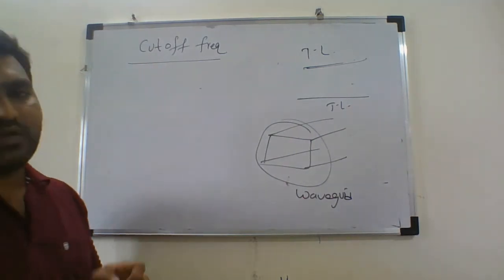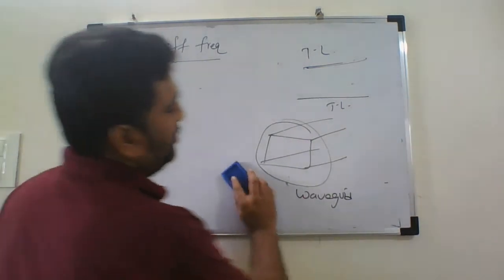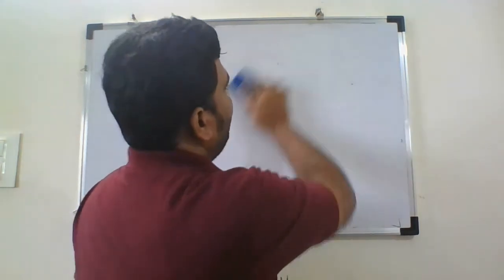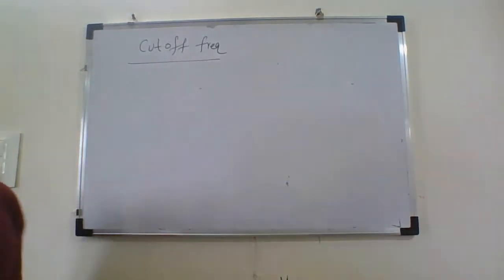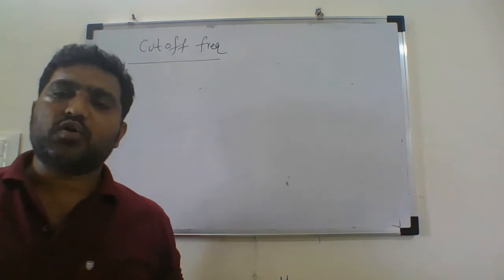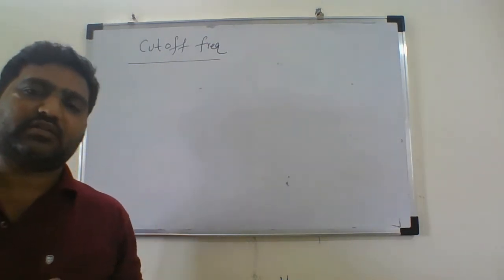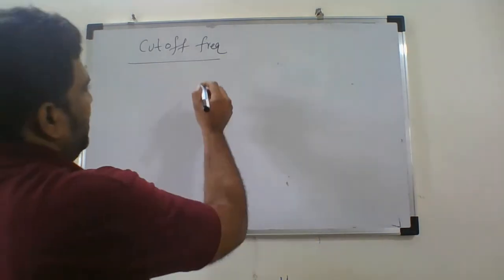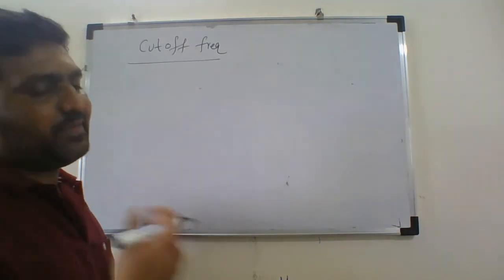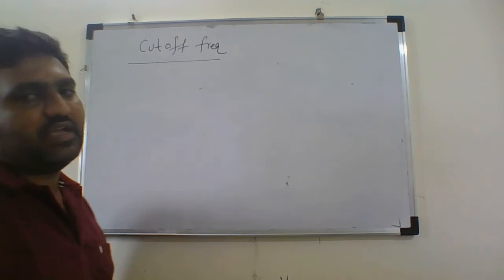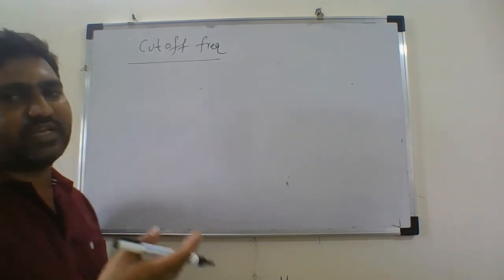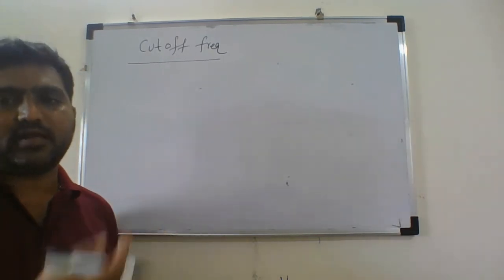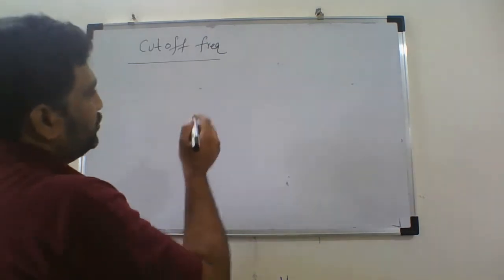Let us go to the topic. The point that we have to understand is that a waveguide is a single-conductor structure, and because of this, not all frequencies can propagate through it. In the previous lecture, when we were deriving the expressions for the field patterns, we assumed a constant.